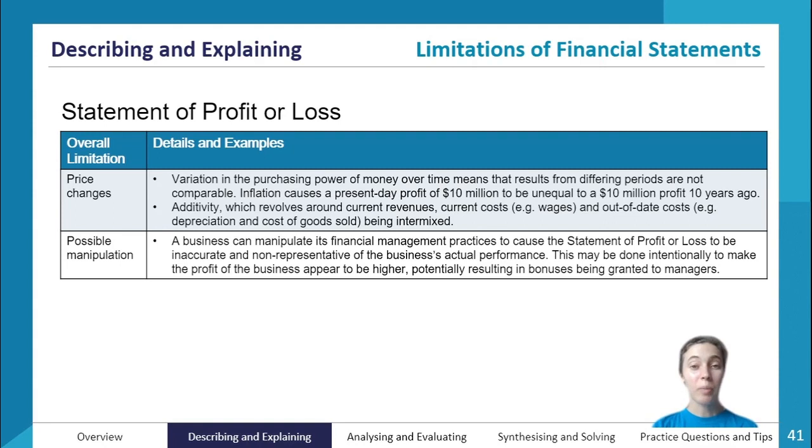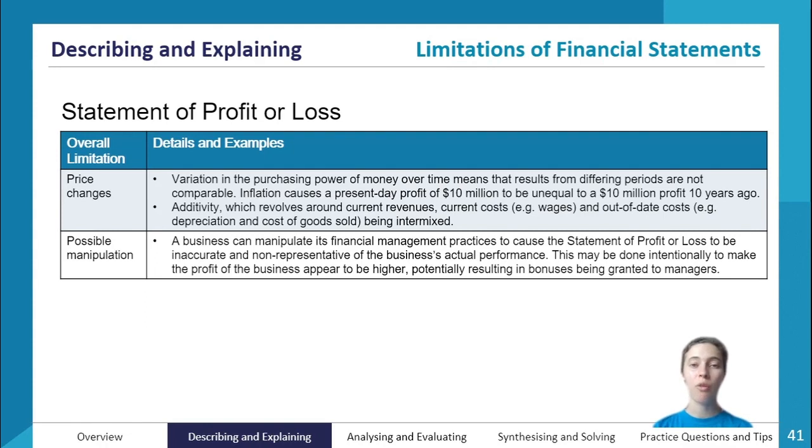And then finally, possible manipulation. So a business can manipulate its financial management practices to cause the statements to be inaccurate in some way, to misrepresent the actual performance.